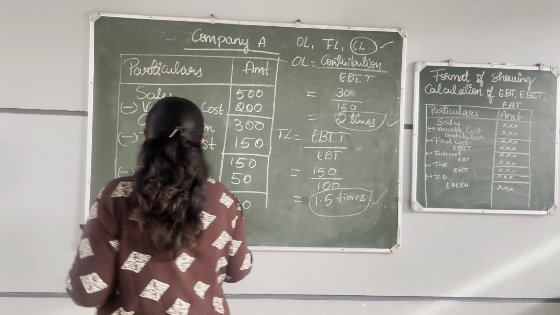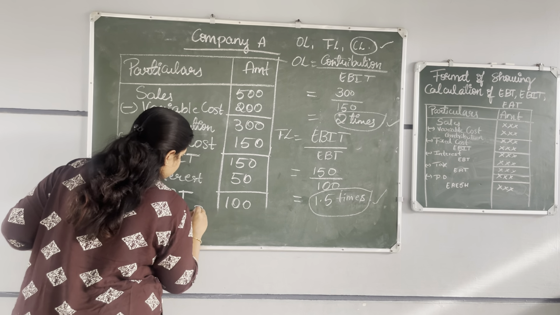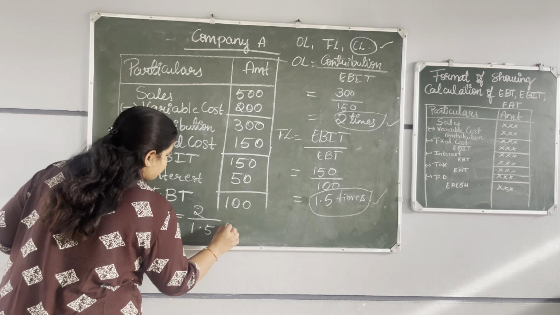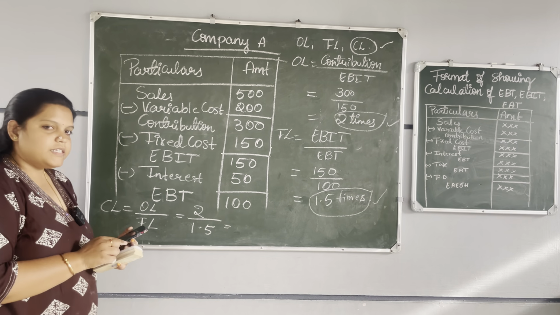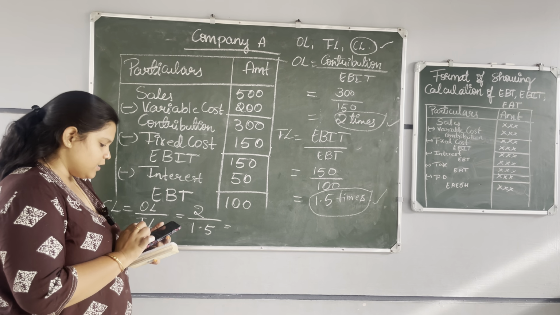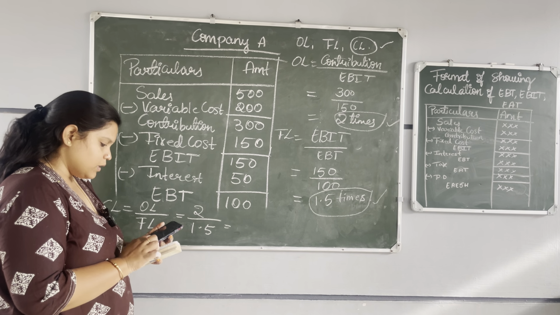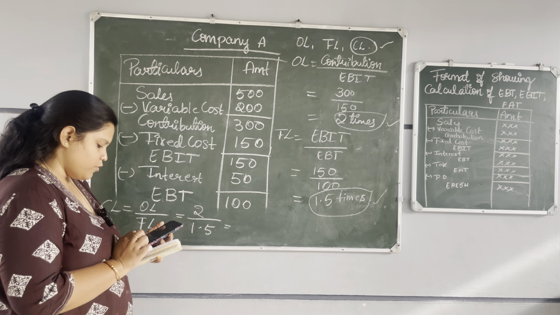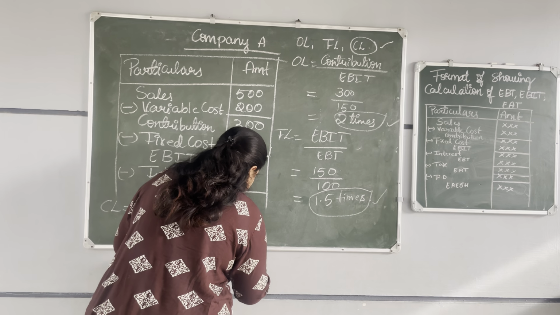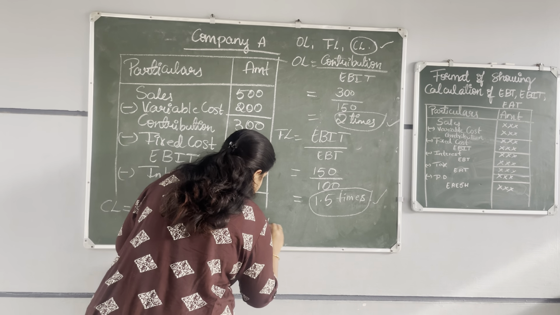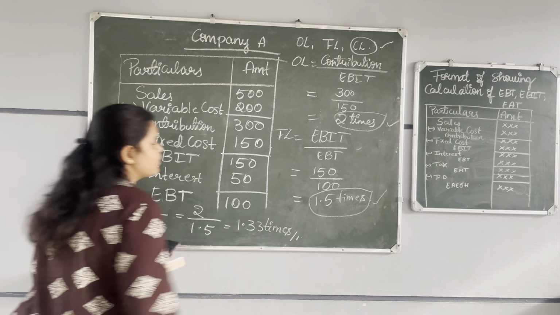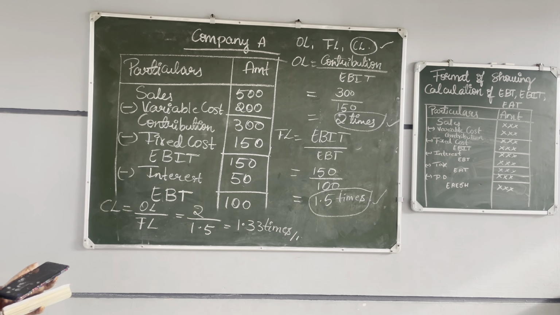Operating leverages 2 divided by financial leverages 1.5. Please take your calculators and make the calculation. 2 divided by 1.5, we are getting 1.33 times. So this is the calculation of company A.